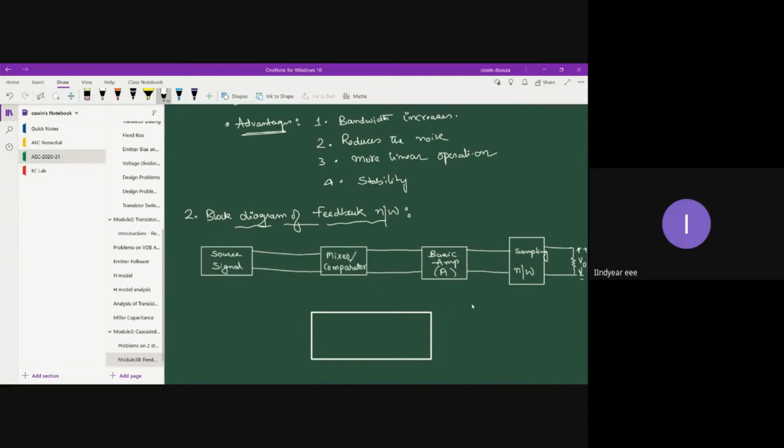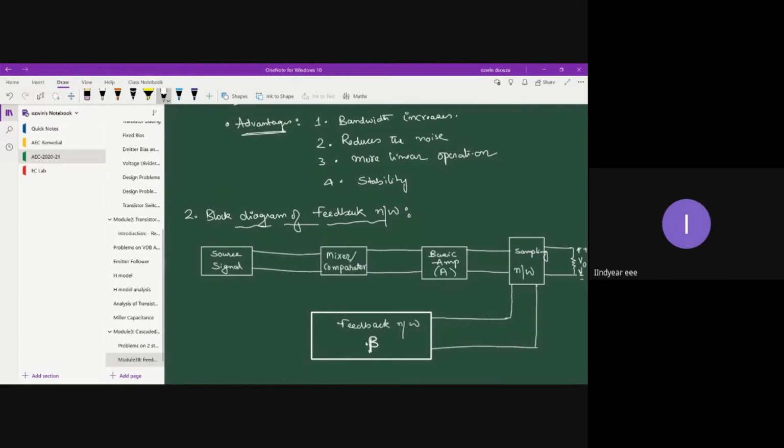Now, the sampling network basically takes the part of the output and feeds back to the feedback network. So this is your feedback network. In short, let me write N/W feedback network. So this feedback network will have a gain beta. Remember, do not get confused with the current gain.